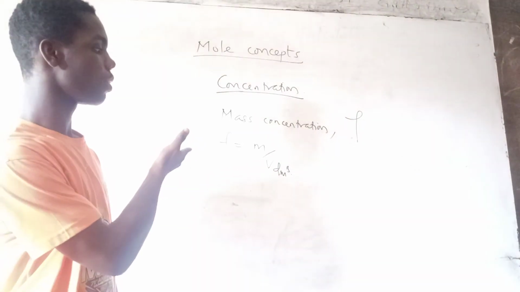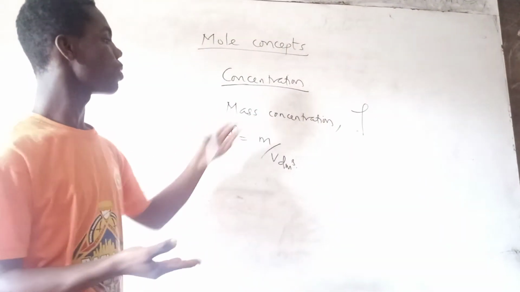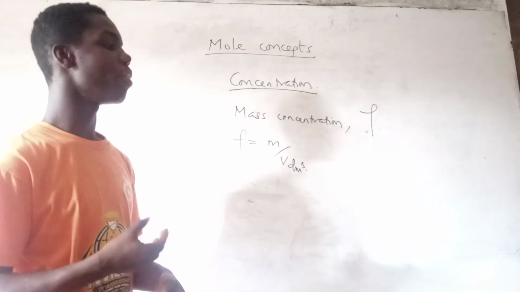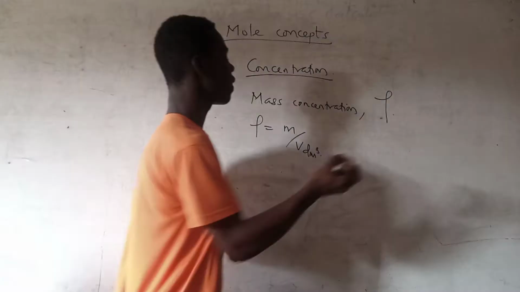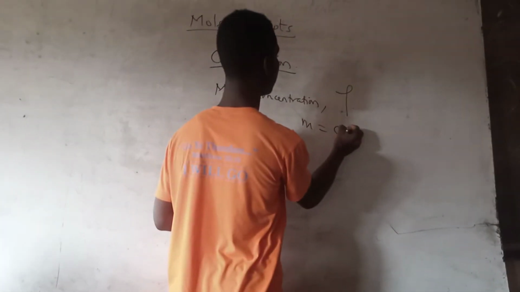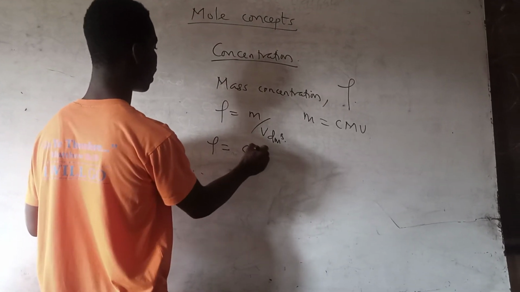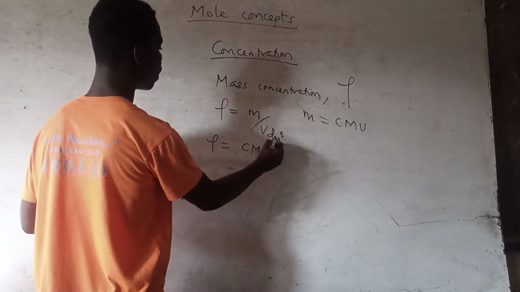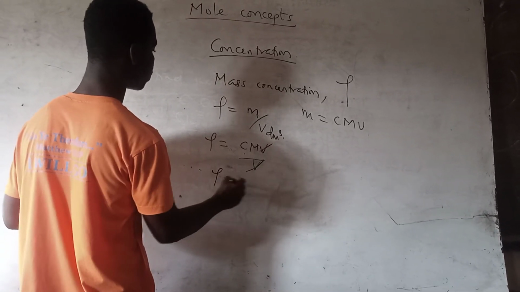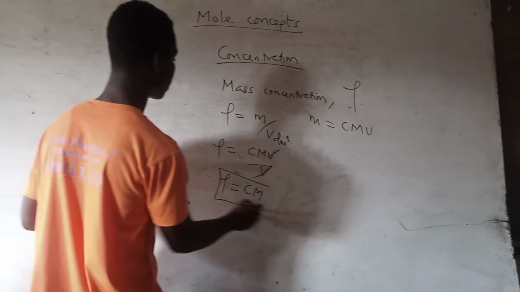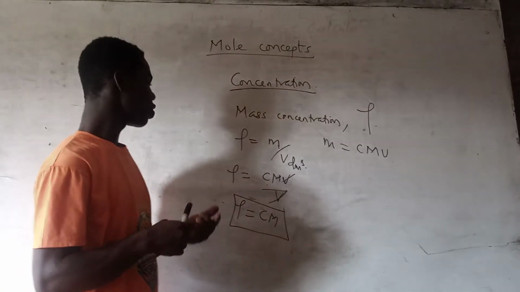From our formula, m is equal to CMV. So rho is equal to CMV over V, and the V cancels, we get rho is equal to CM, and this has become one formula to calculate the mass concentration or the rho.